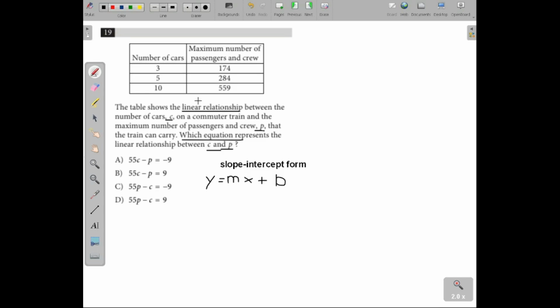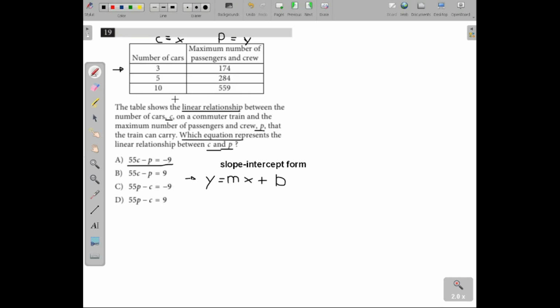So if we know that there's a linear relationship and we have this table that contains points for C and P, we can use the slope-intercept form and then compare that equation to the answer choices we have.